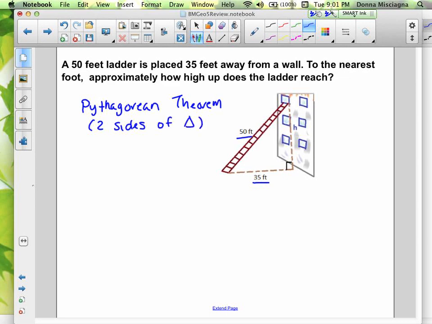Okay? And so the 50 here is our hypotenuse, and the 35 is a leg. So we have 35 squared plus, and we're looking for the height, that's also a leg, plus h squared is equal to 50 squared. 35 squared, I do not know off the top of my head. I'm just going to grab a calculator and try and do this with one hand.